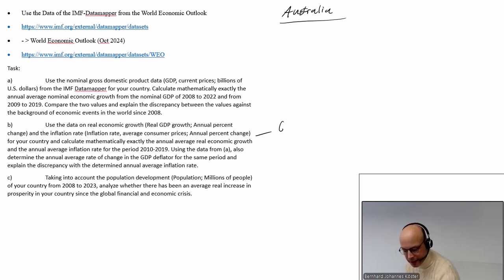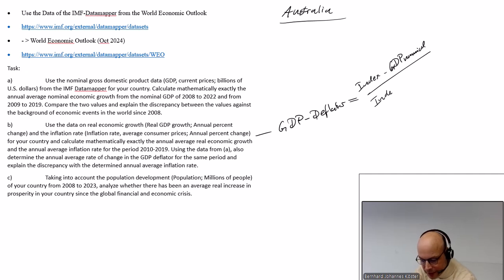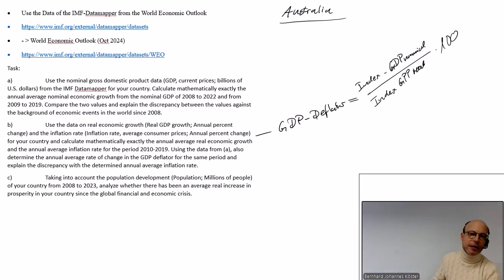So here we need the GDP deflator, and the GDP deflator is defined as the index of nominal GDP over the index of real GDP, and since it is an index, we multiply it by 100 just because we want to have the index number in the neighborhood of 100. This you find in the lecture.